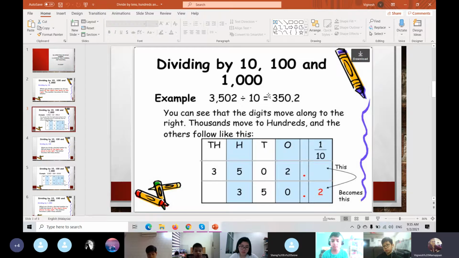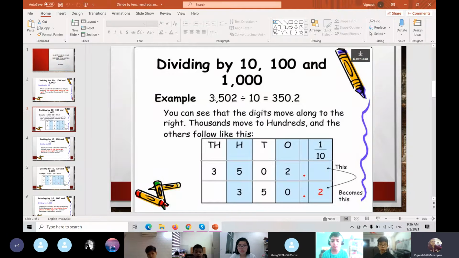In the simplest way, you just move one decimal place to the left. When it comes to divide by 10, since we only have one 0 for 10, the simplest way is we just move one decimal place to the left.